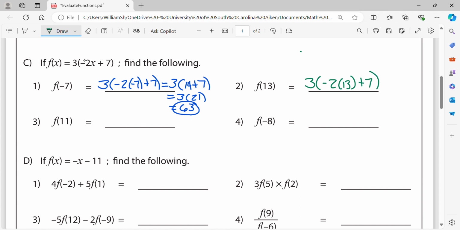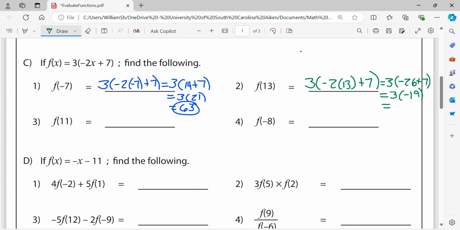So I have 3 times negative 2 times 13 plus 7. I'm going to keep the 3 on the outside. Negative 2 times 13 should give us negative 26, then plus 7. Negative 26 plus 7 is going to give us negative 19.